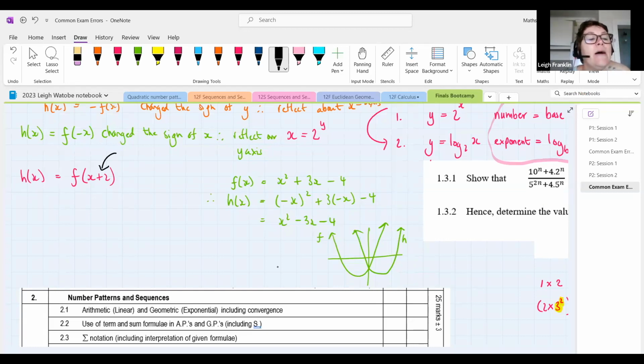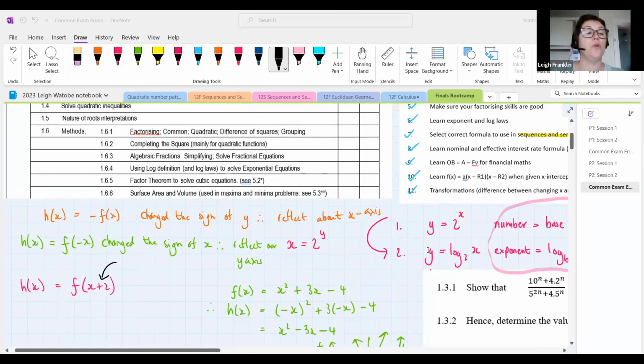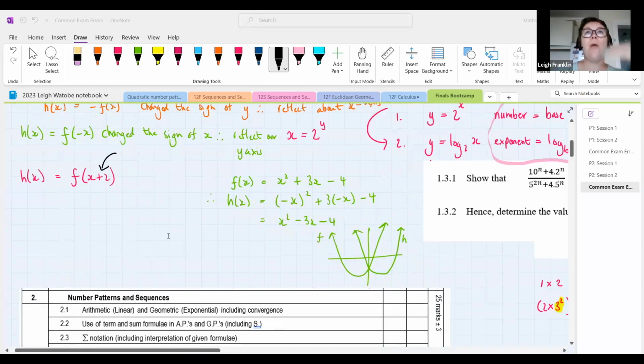So here they are asking you to shift the graph 2 units left or right. They're asking you to shift it to the left-hand side. Okay, so yes, it would go to the left-hand side.